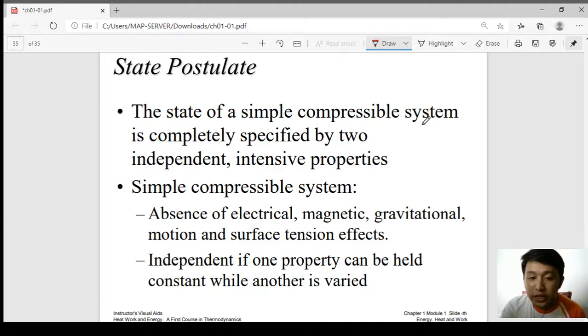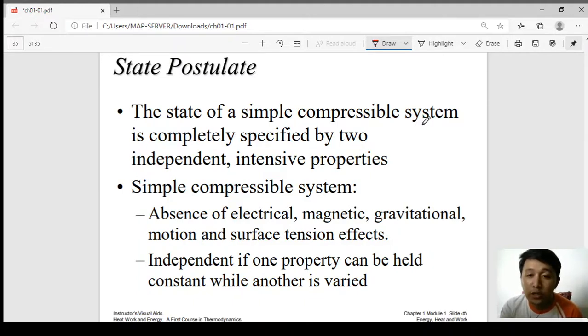It also says that a simple compressible system is one in the absence of electrical, magnetic, gravitational, motion, and surface tension effects. Meaning, we disregard the electrical components, magnetic, gravity, and even tension in a simple compressible system.